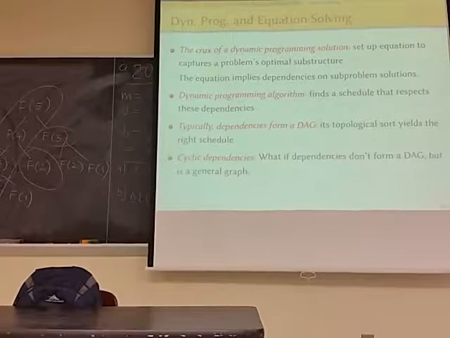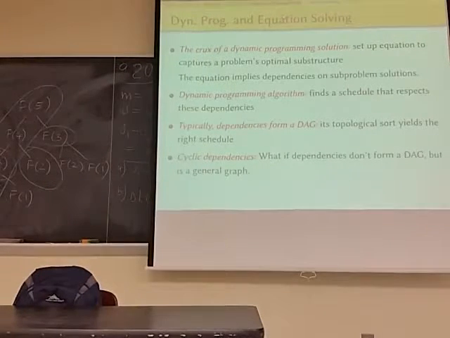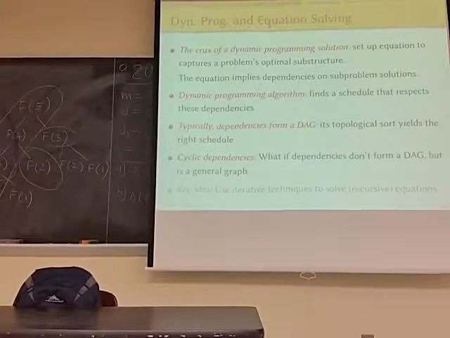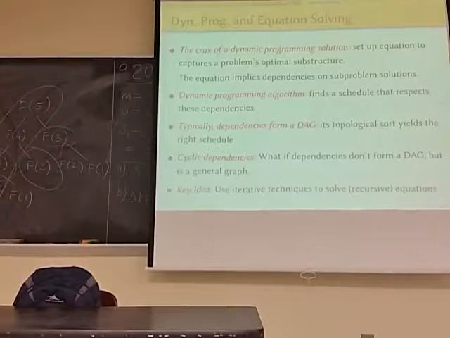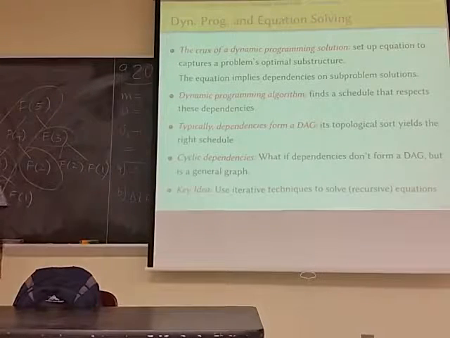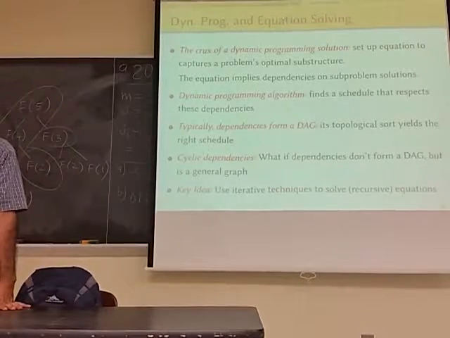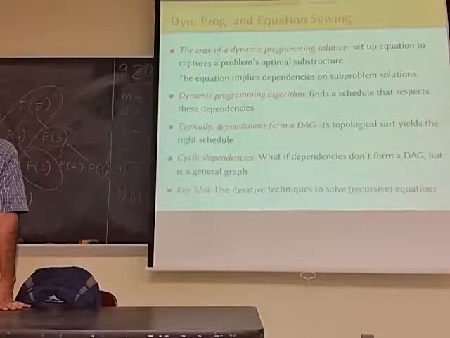So now what happens if there are problems where the dependency is not a DAG? Okay, it looks like, at least on the surface, the dependencies have a cycle. Okay, so cyclic equations aren't anything unfamiliar to us, right?